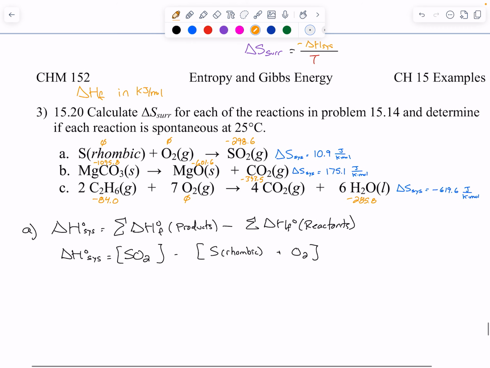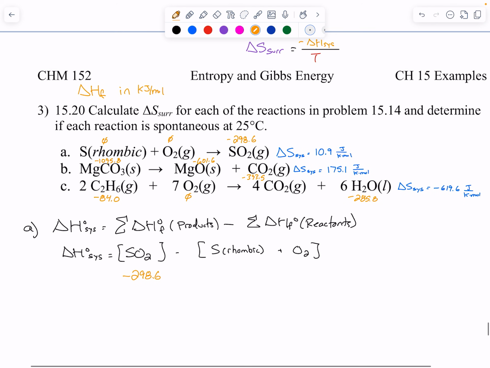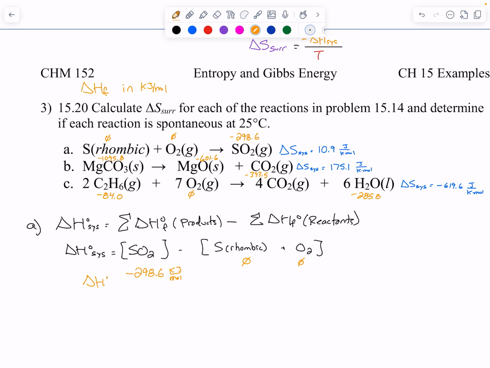SO2, sulfur dioxide, is negative 298.6 kilojoules per mole, and these are 0. So for A, delta H standard of the system is negative 298.6 kilojoules per mole.